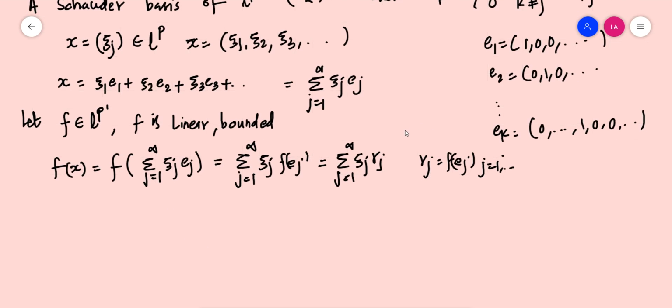Now, as in the previous case of L infinity, in order to establish a function which is bijective from LP dash to LQ, we establish that corresponding to every element in LQ, there exists a linear functional in LP dash, and corresponding to every linear functional defined on LP, there exists an element in LQ.